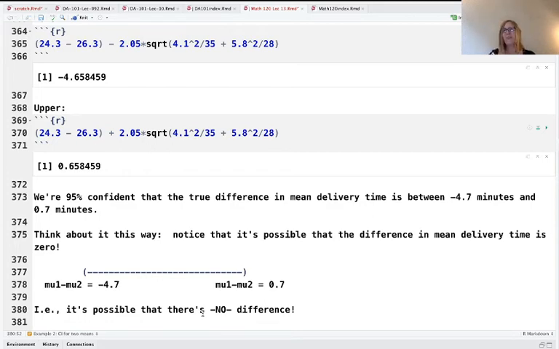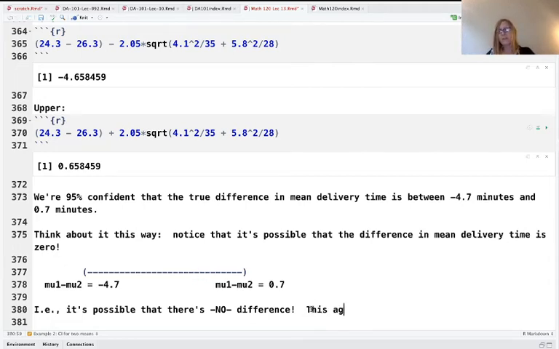This confidence interval is telling us exactly the same thing. It's saying it's possible that the difference is 0. That's somewhere in here. So maybe there's not a difference at all.